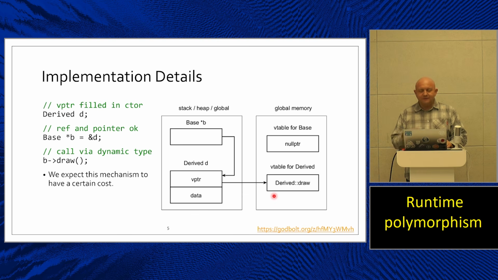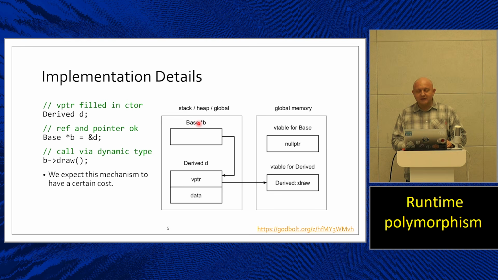Even if we store the object in the base pointer like here, the VPTR still points to the table of derived. So when we call b arrow draw, the call is resolved through the virtual table and the derived implementation is invoked. This is runtime dispatch.